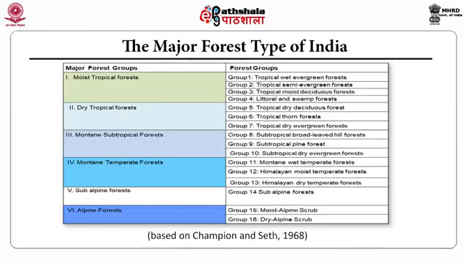The group 1 is the tropical and wet evergreen forests, group 2 the tropical semi evergreen forest, group 3 tropical moist deciduous forest, group 4 littoral and swamp forest, group 5 tropical dry deciduous forest, group 6 is tropical thorn forest, group 7 tropical dry evergreen forest, group 8 subtropical broadleaf hill forest, group 9 subtropical pine forest, group 10 subtropical dry evergreen forests, group 11 mountain wet temperate forests, group 12 is Himalayan moist temperate forest, group 13 Himalayan dry temperate forest, group 14 the subalpine forest, group 15 the moist alpine scrub, and group 16 is the dry alpine scrub.